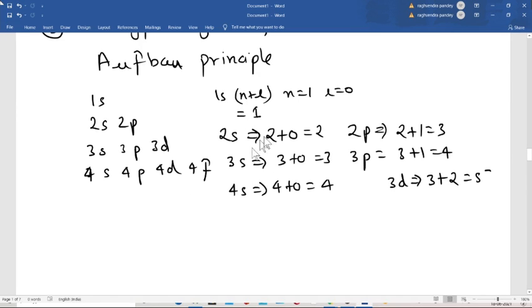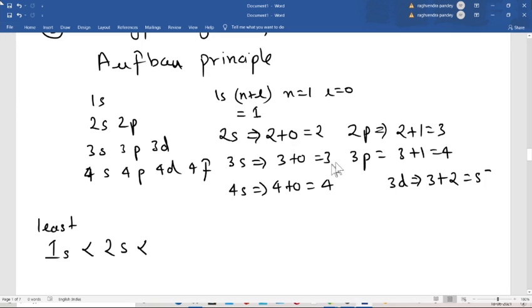So let's write 1s. Now listen carefully, everybody. 1s has value 1, so that is your least value. Then second value is 2s, so the next greater value is 2s. Then next you have to decide between 2p and 3s, because both have value 3.